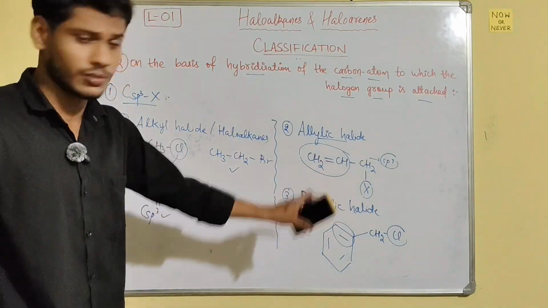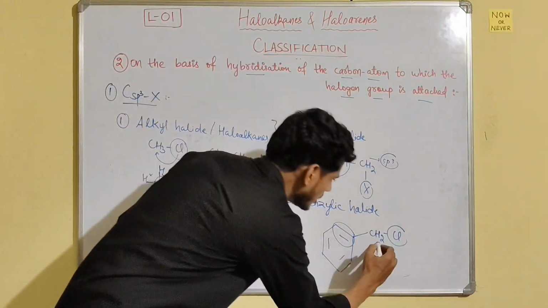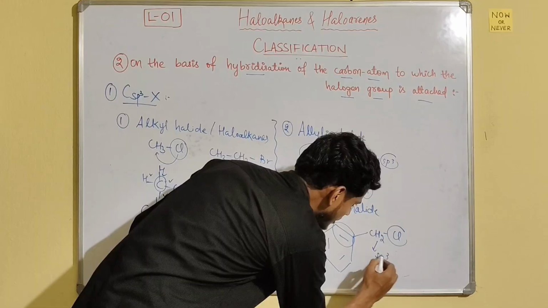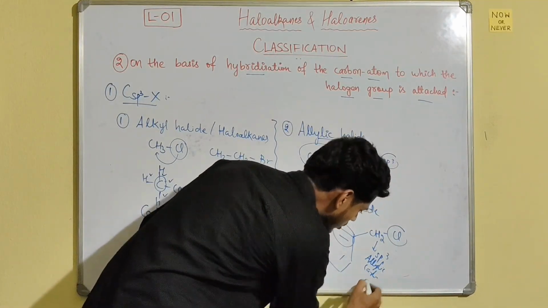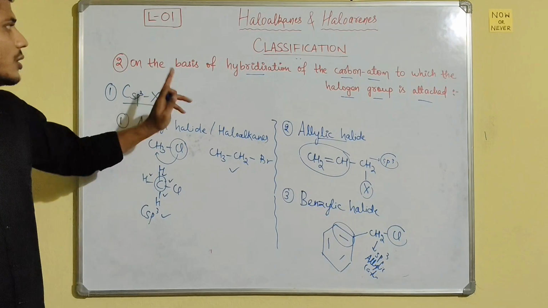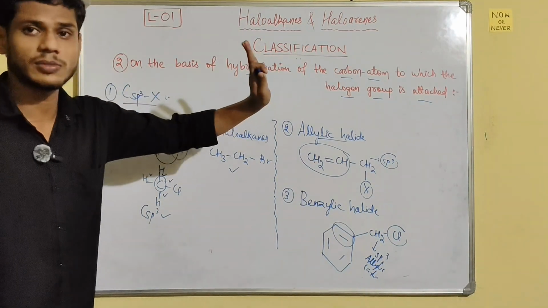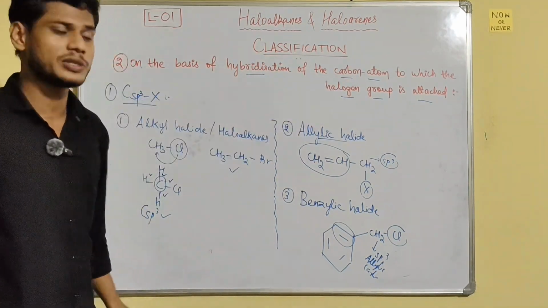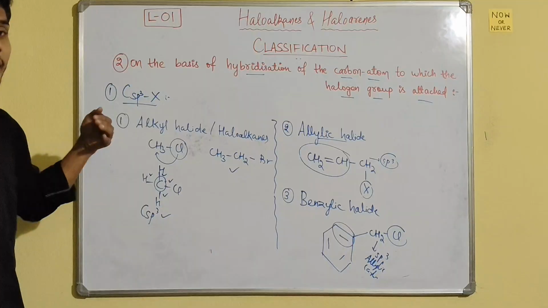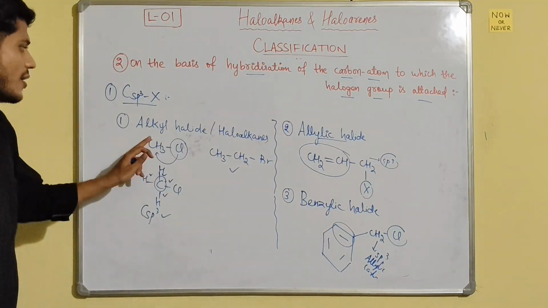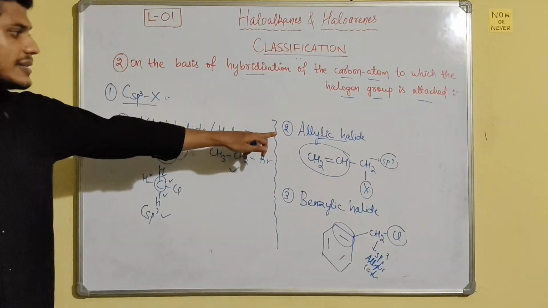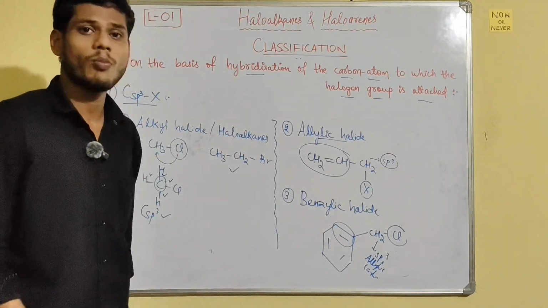Simple. It is known as benzylic halide. So this carbon is sp3 hybridized, and it is known as the benzylic carbon. Done. Clear? So on the basis of hybridization of the carbon atom to which the halogen group is attached, if you consider sp3 hybridized carbon, we have 3 categories. First is our alkyl halide, second is our allylic halide, and third is our benzylic halide.